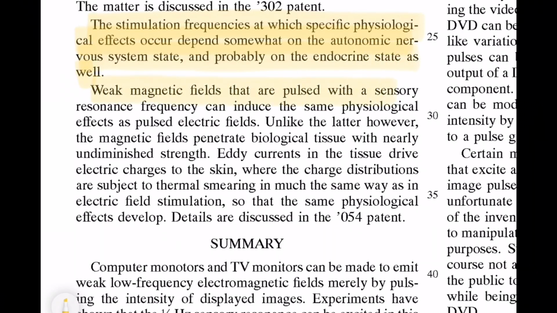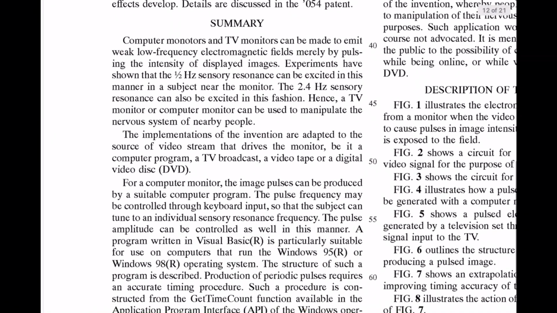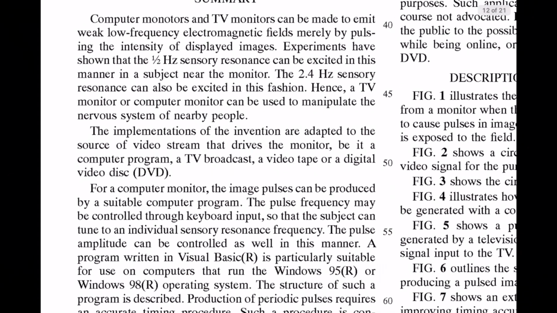Weak magnetic fields that are pulsed with a sensory resonance frequency can induce the same physiological effect as pulsed electric fields. Unlike the latter, however, the magnetic fields penetrate biological tissue with nearly undiminished strength. All right, I want to skip to the summary here and summarize all the points that we've made so far.